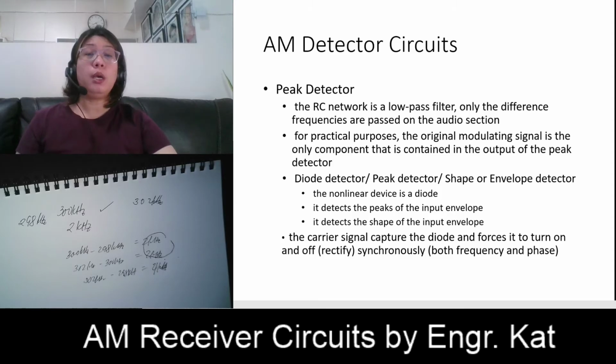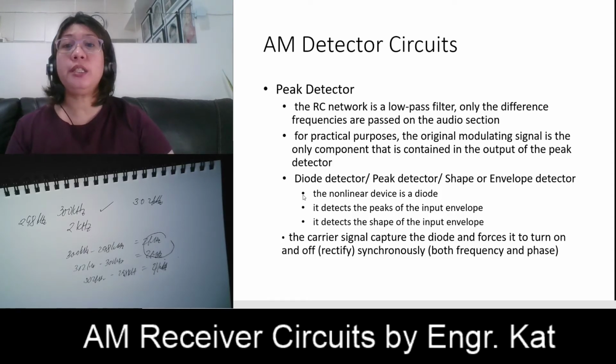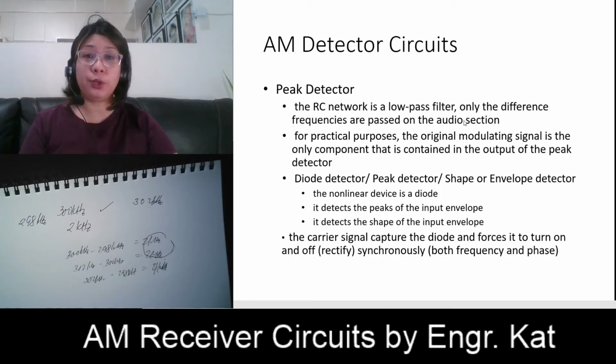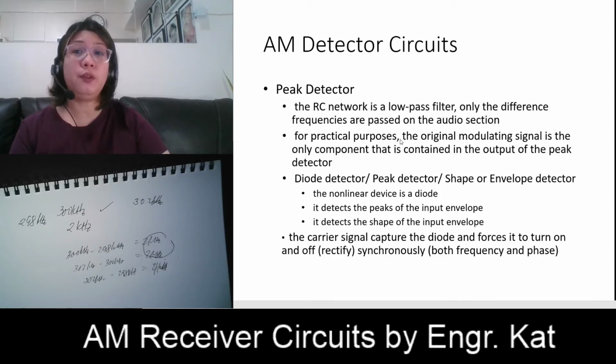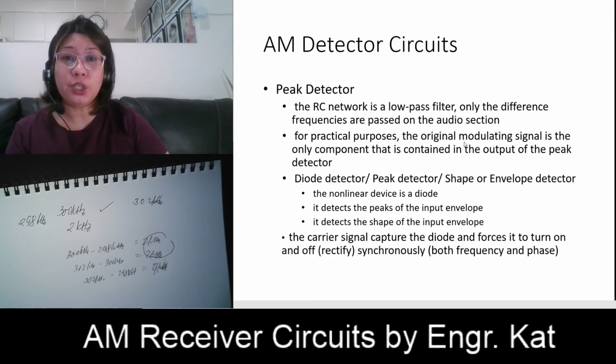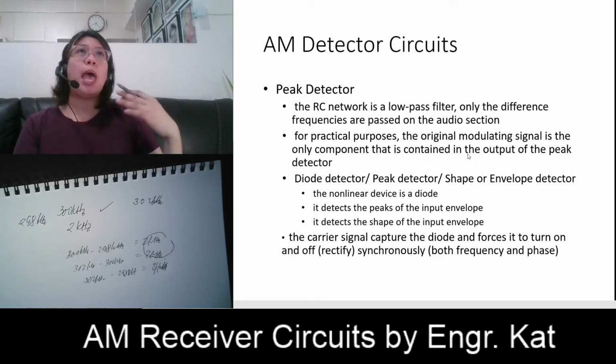Okay, so for the peak detector, the RC network is a low-pass filter which only passes the difference frequencies. So only the difference, which is 2 kilohertz, is passed on to the audio section. Okay? So for practical purposes, the original modulating signal is the only component contained in the output of your peak detector.